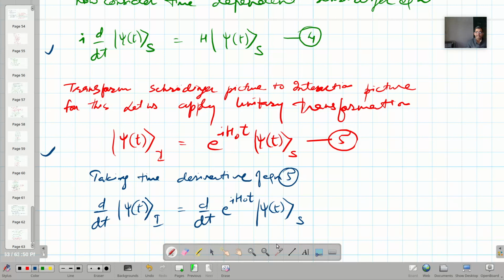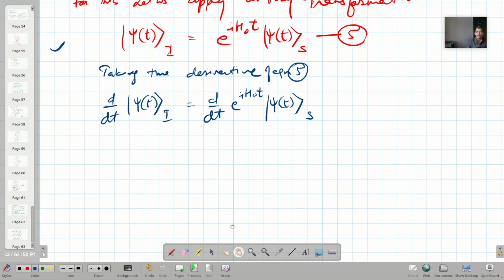So we have to apply the product rule. This is the first function, this is the second function.